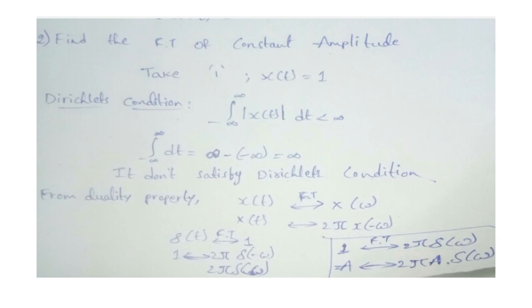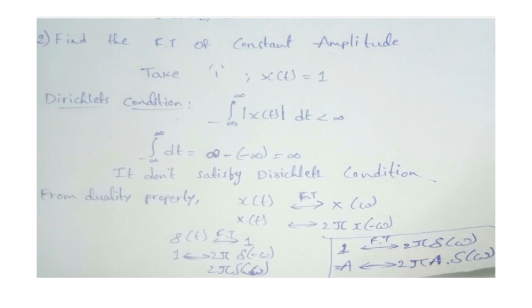It means if you find the Fourier transform of a constant amplitude, 1 as a constant, it gives 2 pi del of omega. If a is a constant, then a has the Fourier transform 2 pi a into del of omega.